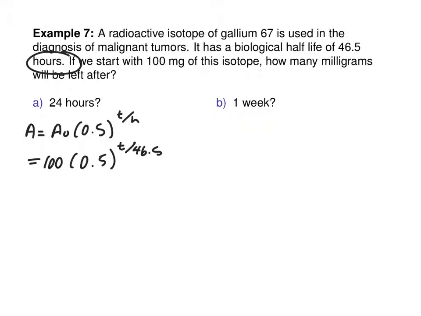So to figure out 24 hours, you plug in 24. So A will equal 100 times 0.5 to the power of 24 divided by 46.5. Go ahead and calculate that and see what you get.